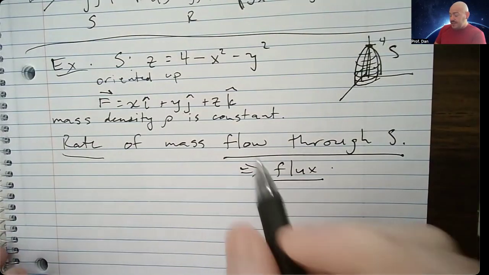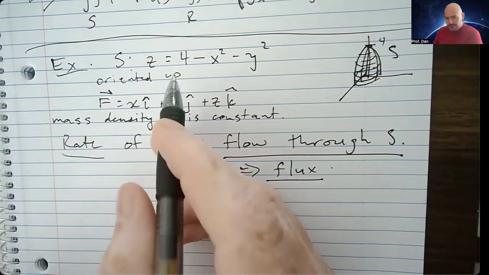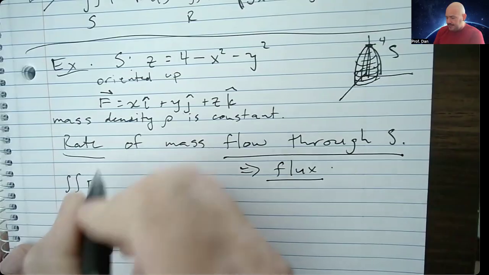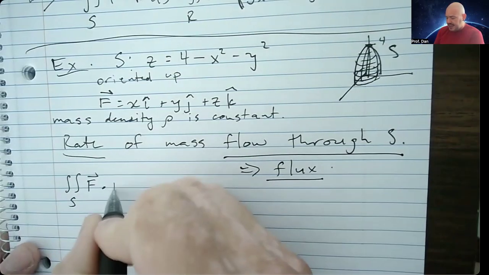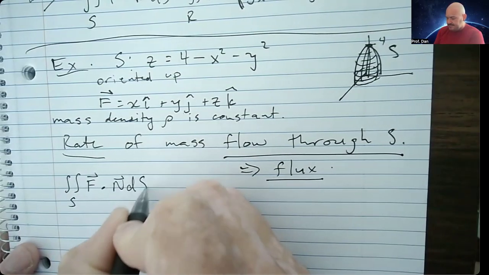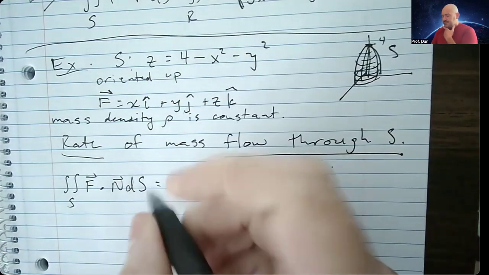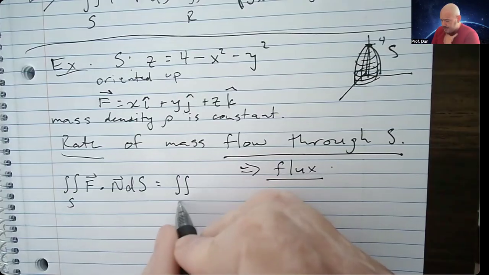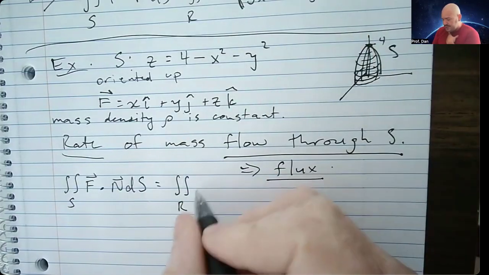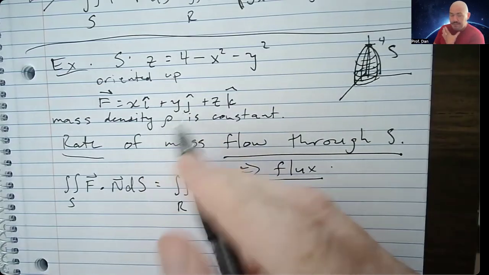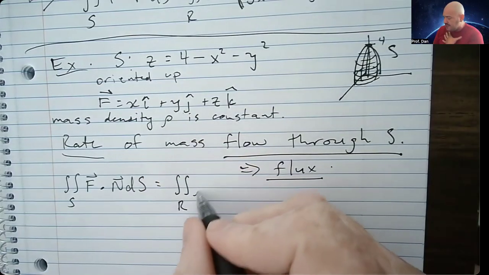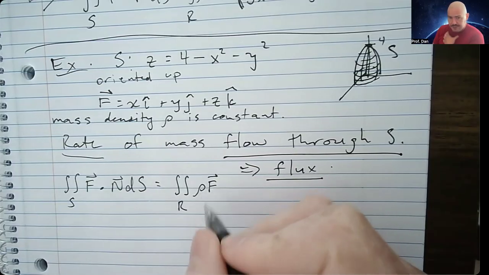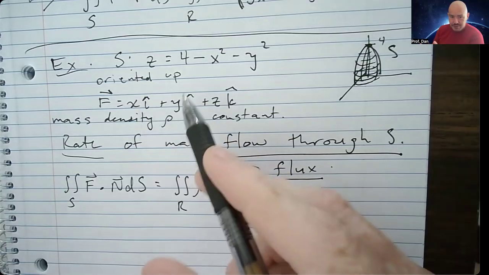Now that I know that I'm finding the flux and I know that my surface is oriented upward, I can set my integral up. I know that this will be the double integral of F dot n dS, which I can rewrite as the double integral over region R of the force, which remember, because of this mass density component, is going to be rho, a constant, times the vector F, which would just multiply each of the components by rho.